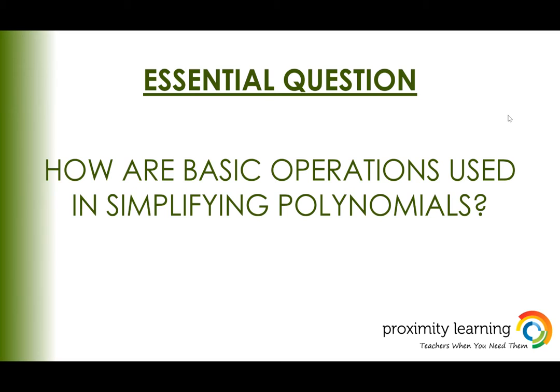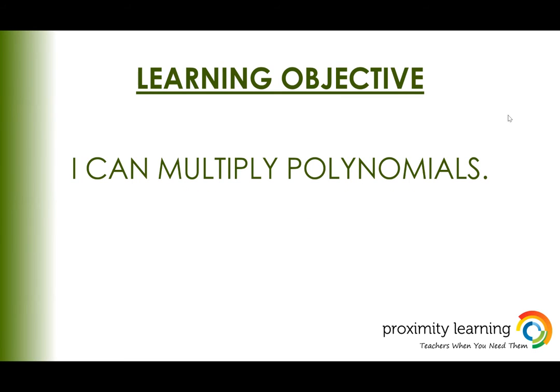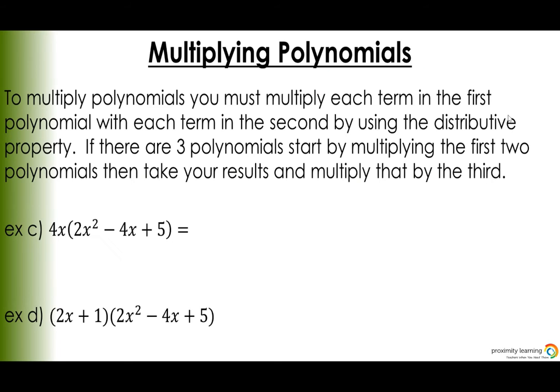Like I previously said, last lesson we dealt with adding and subtracting. Now we're going to focus on multiplying. And the learning objective is: I can multiply polynomials. So that is all we are focusing on in this lesson, multiplying polynomials and the steps it takes to simplify them into our expression.